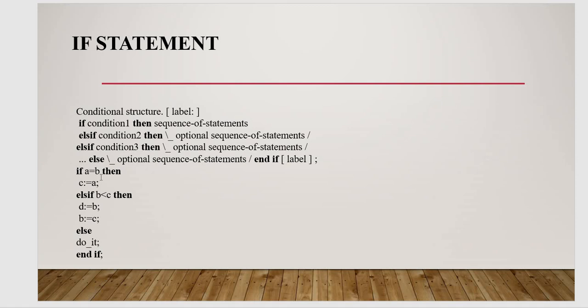For example, if a equal to b, then c is assigned equal to a. Else if b less than c, then d is assigned equal to b and b is assigned equal to c. Else, for example I have written here a label, then end if. Or here we can make some general statement as well, maybe enter into a high impedance state or some assignment statement, anything we can do. So this is the general syntax of the if statement.